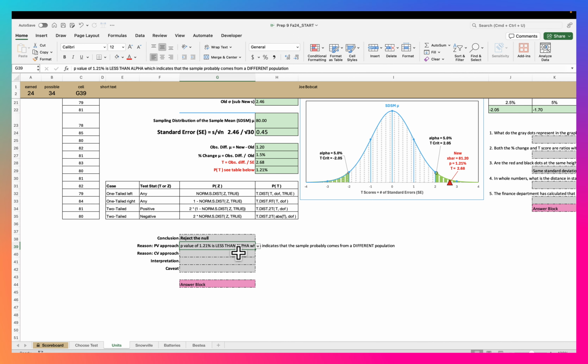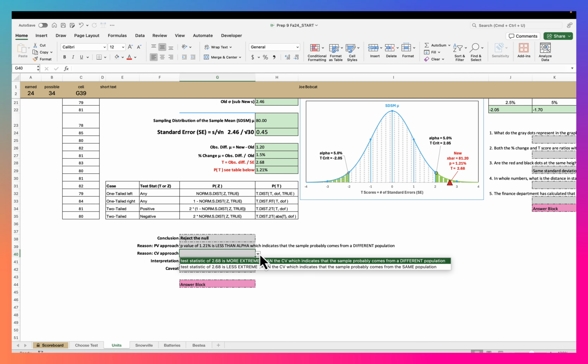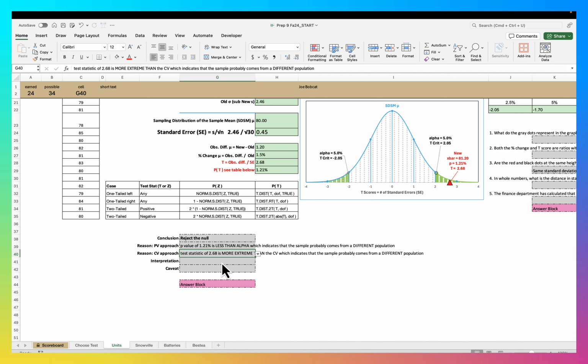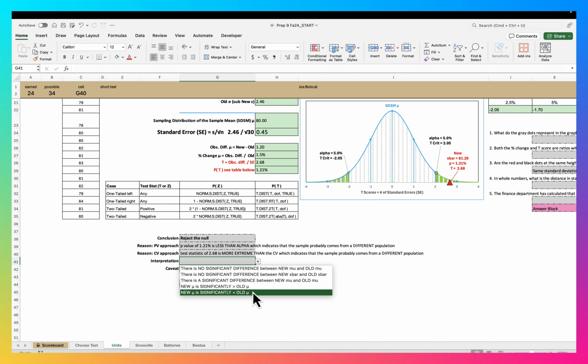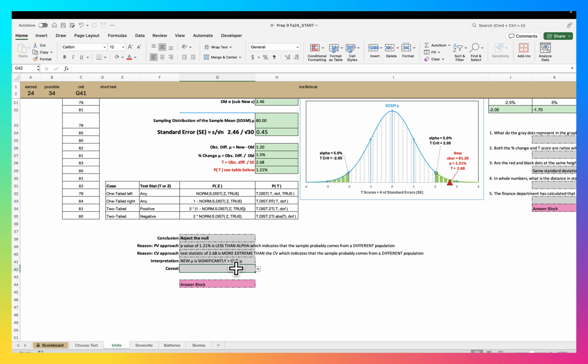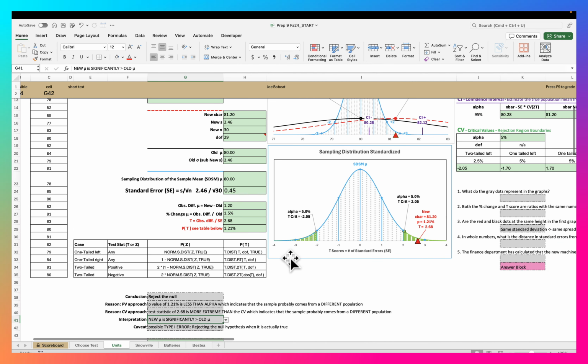So different population, based upon the probability being small, and different population based upon the test statistic being more extreme. So the interpretation is that it's significantly greater, and the caveat is that we might have made a type 1 error. Okay, so it is significantly greater, but how much greater is it?